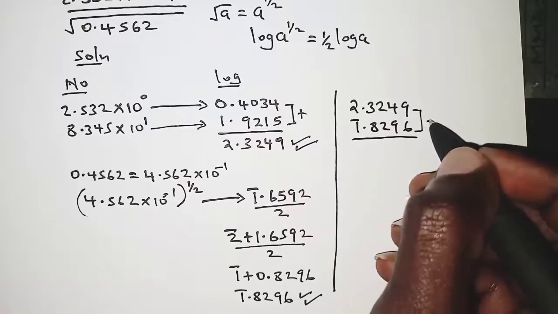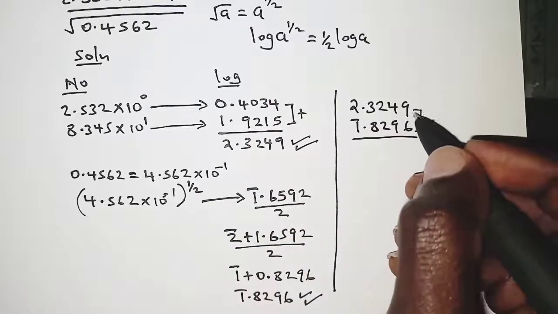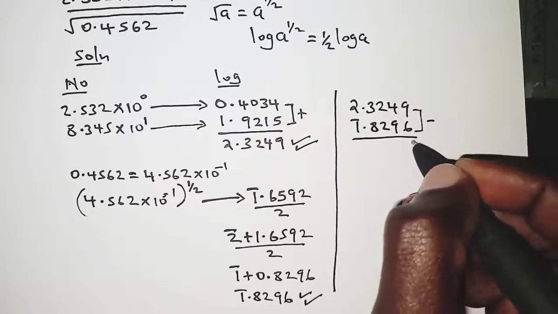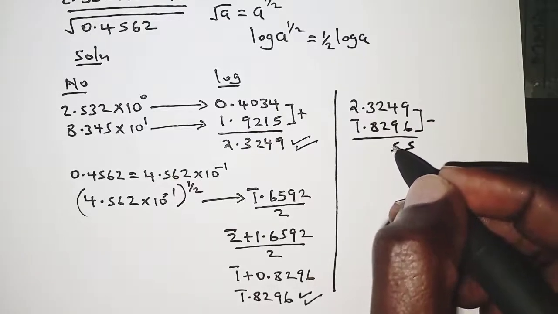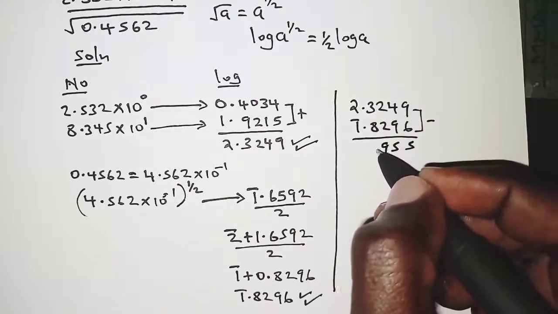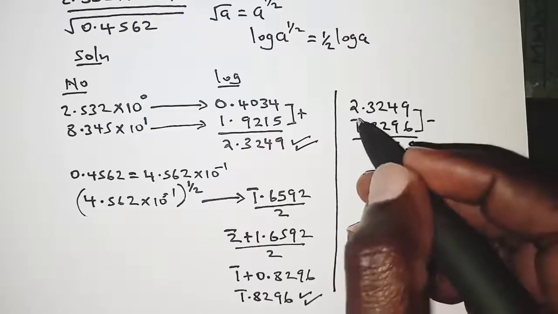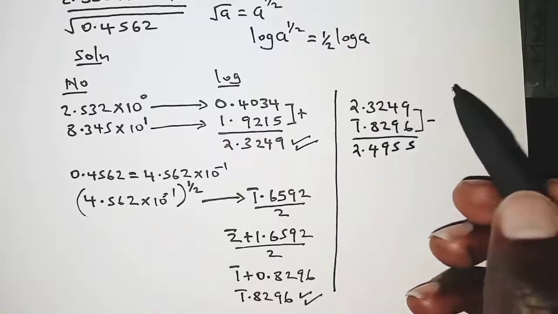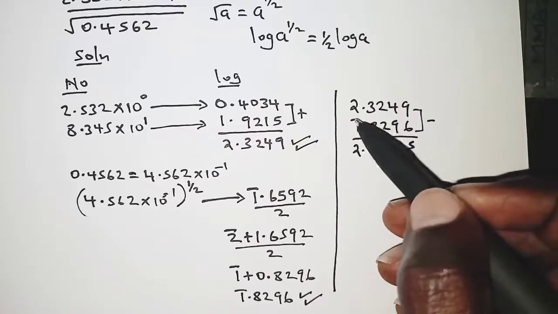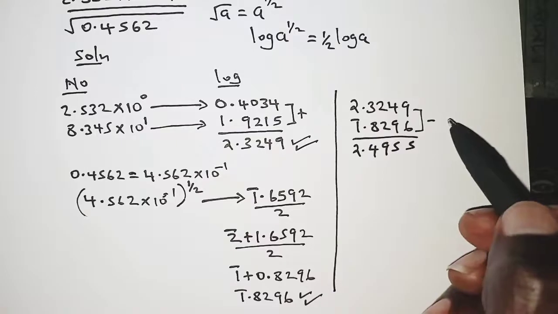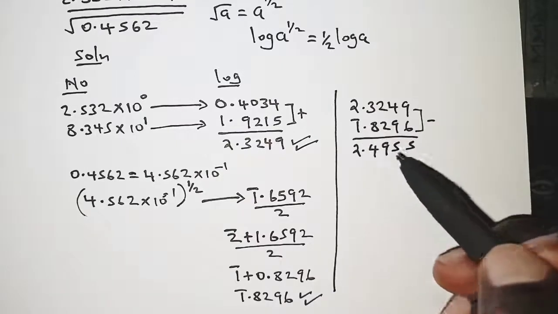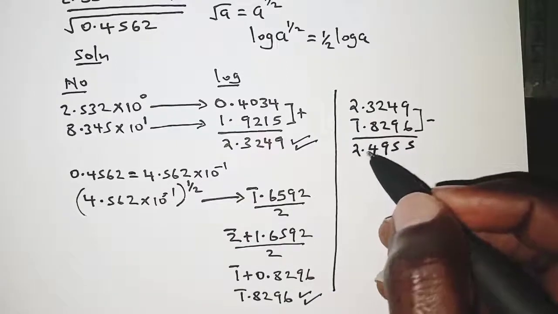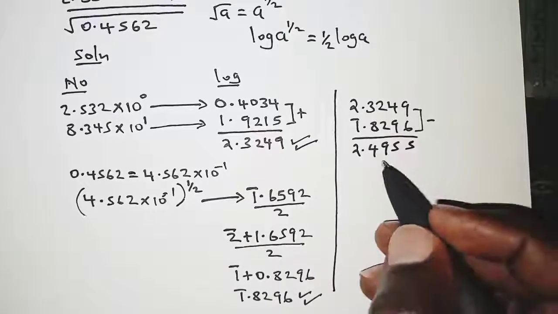So subtracting, because it's a division, we will have 5594, and here we have 2. Remember, it's 1 minus bar 1, that is 1 minus negative 1. So we have 2.